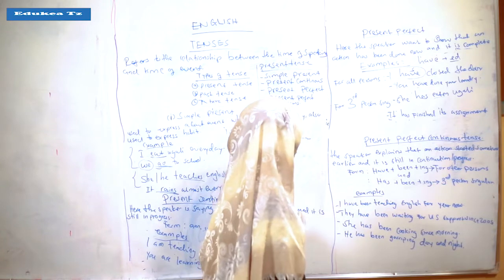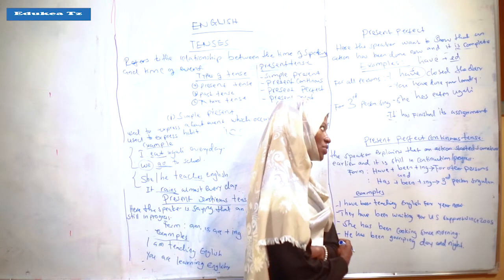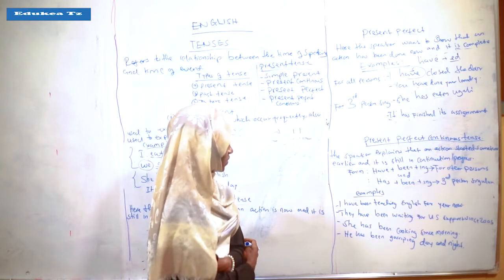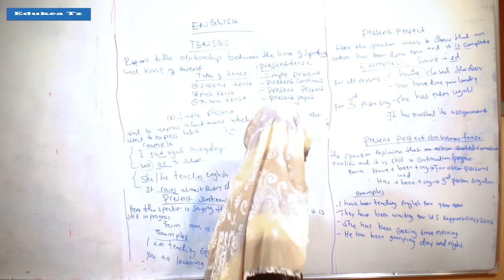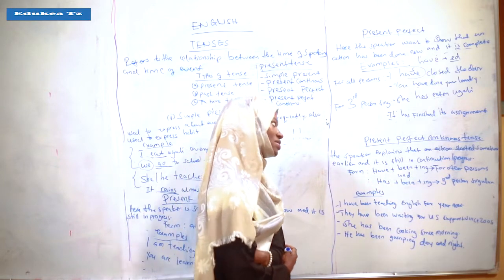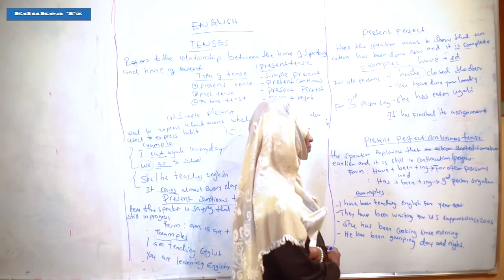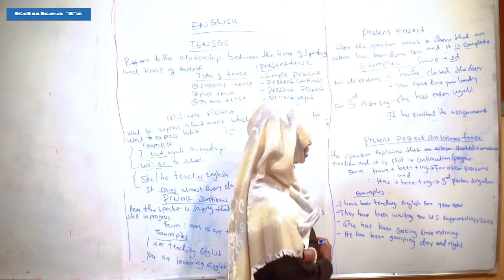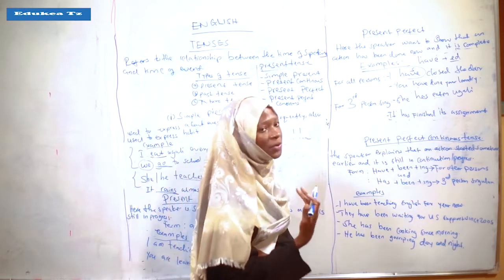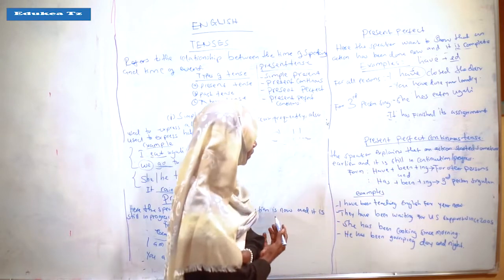The next type is the present perfect continuous tense. The speaker explains that the action started sometime earlier, but it is still in progress, in continuation.